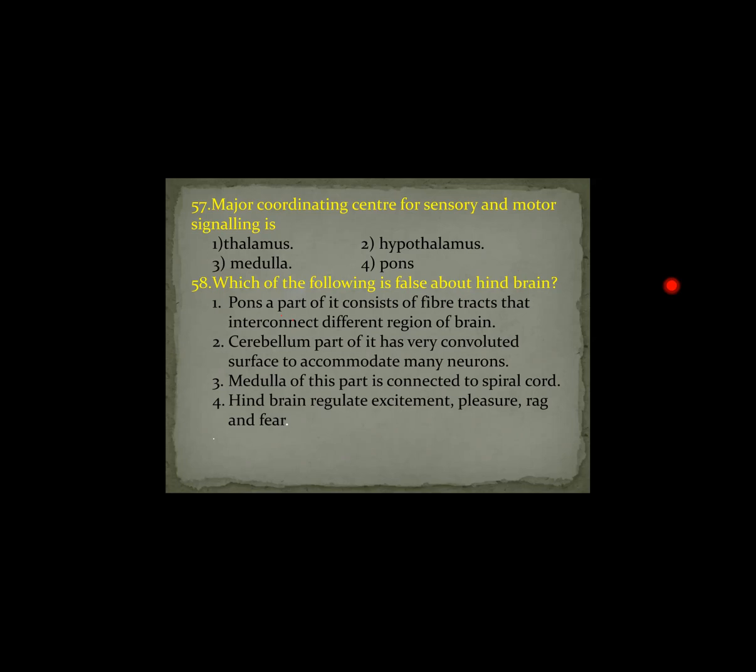Next, second statement, cerebellum has a very convoluted surface. Convoluted means a folded surface to accommodate many neurons. Yes, the cerebellum's surface is folded to accommodate many neurons. So the second statement is also correct. Next, the medulla is connected to the spinal cord.